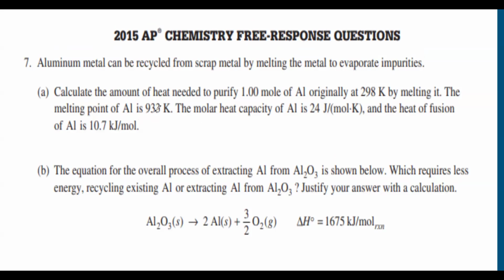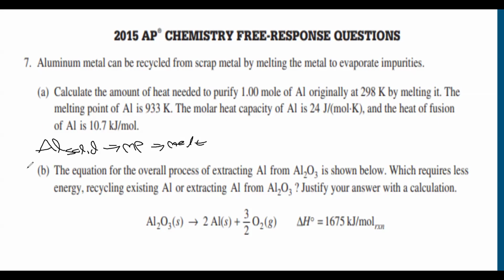They give us the melting point and then the molar heat capacity and the heat of fusion of aluminum. So we want to know how much energy we need to melt the aluminum. We have aluminum, that's a solid. We have to get it to the melting point, and then we have to melt it. So we have to figure out how much energy is required to do all of that.